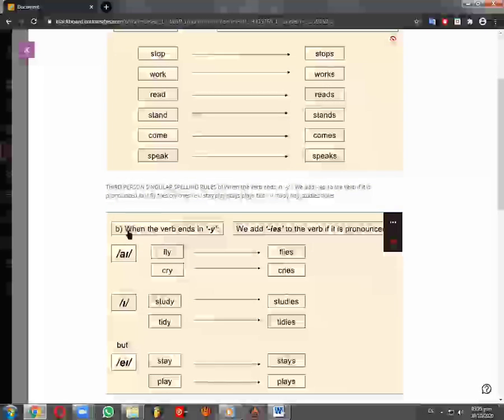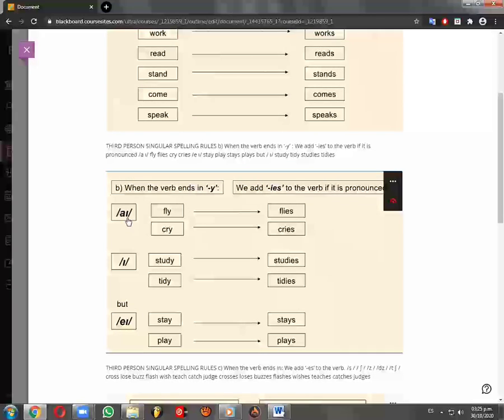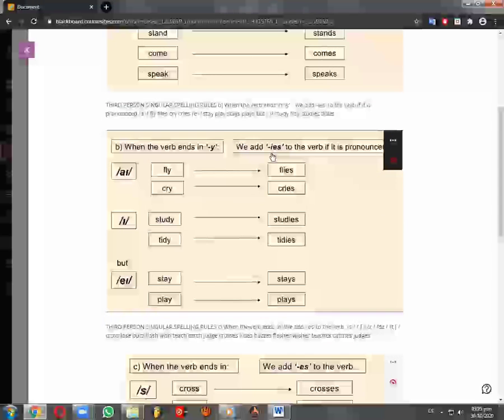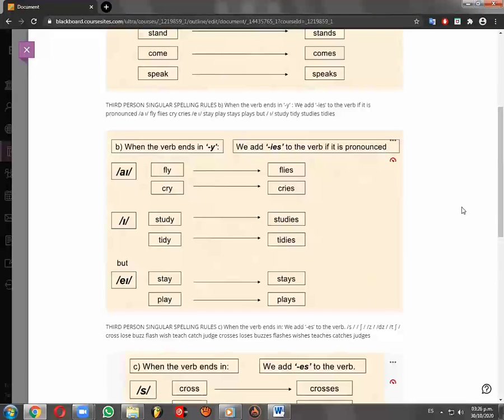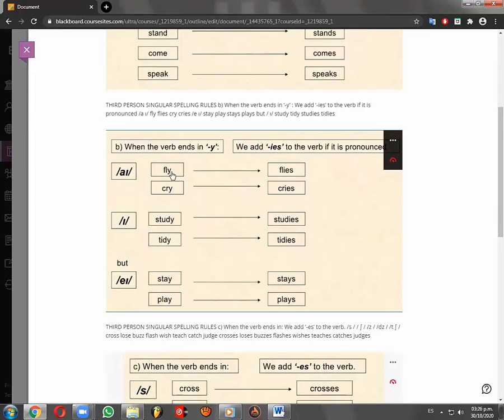So the other rule is we can use ies. When the verb ends in y, we add ies to the verb if it is pronounced with these syllables, right? For example, fly.